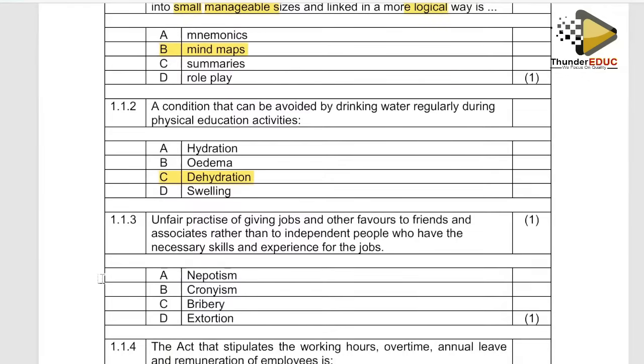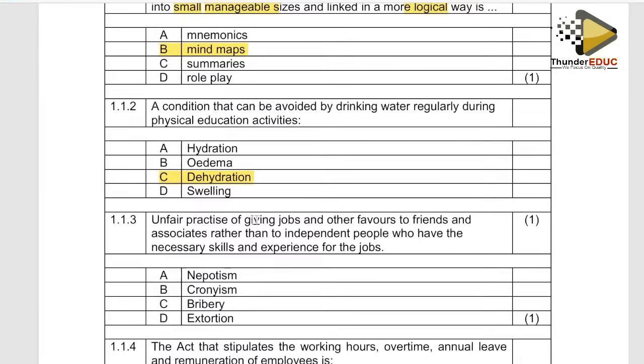1.1.3, unfair practice of giving jobs and favors to friends and associates rather than to the independent people who have the necessary skills and experience for jobs. We also need to highlight our keywords so that we know exactly the answer which we are going to pick.